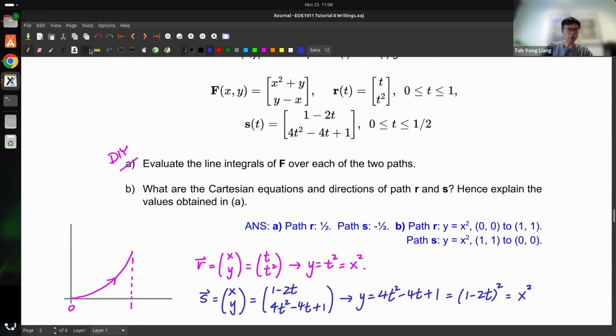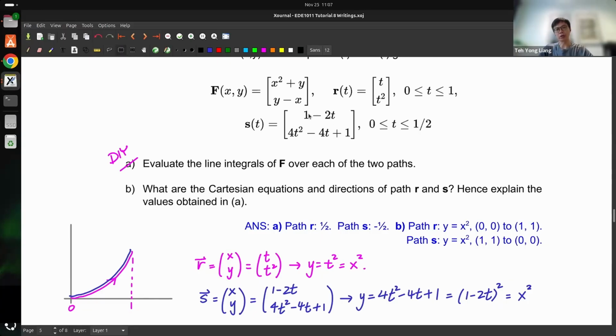So if I draw the y equals x squared curve, it's going to be the same curve. But if you look at the t values, the parameter t now goes from 0 to half. What is at t equals 0?